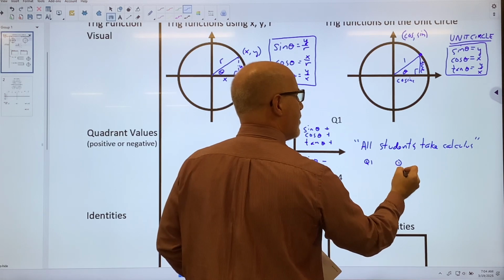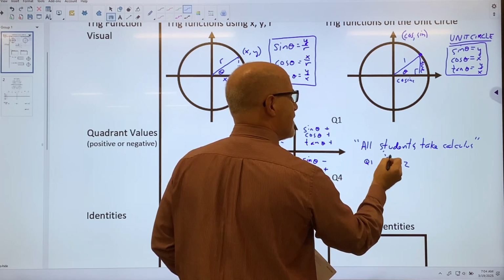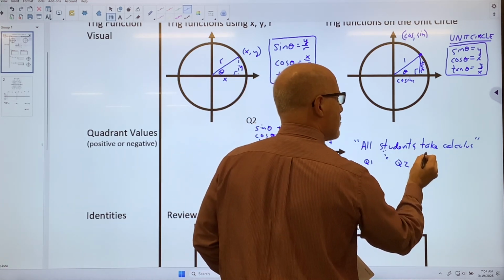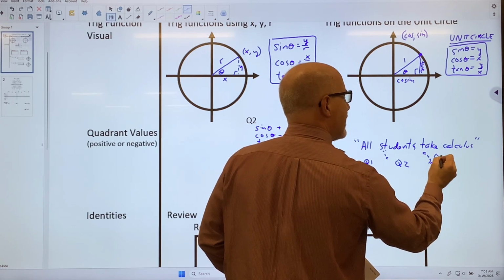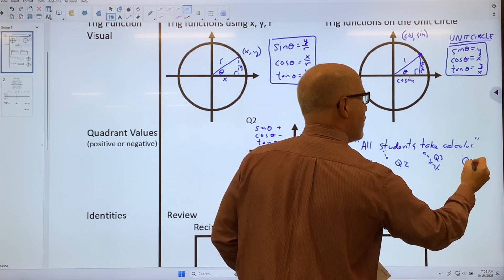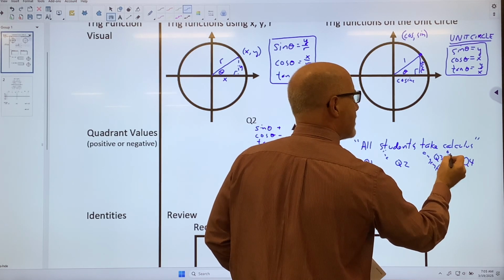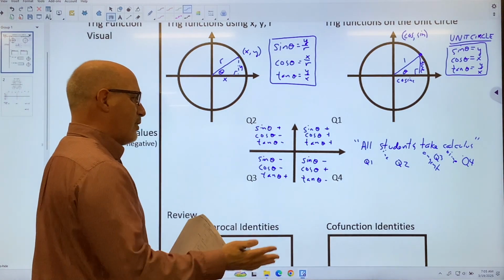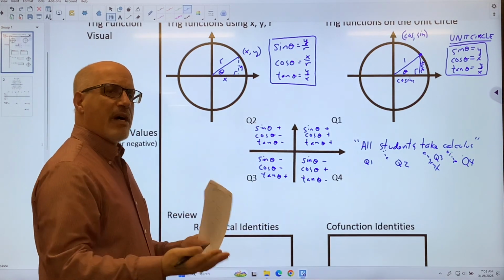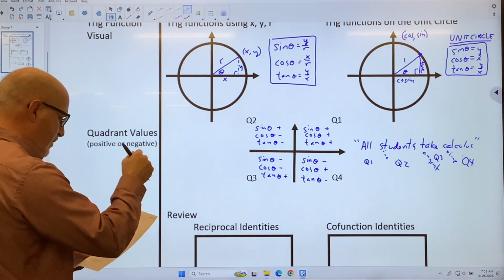Quadrant 2, we've got sine is positive. Tangent's positive in quadrant 3. And then lastly for quadrant 4, cosine is positive. Okay, so those are helpful to find out if you've got positive or negative values for your trig functions.